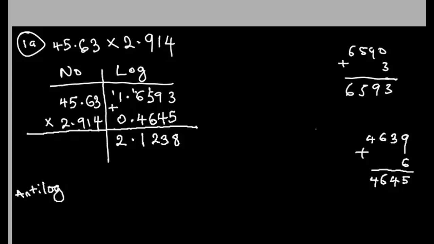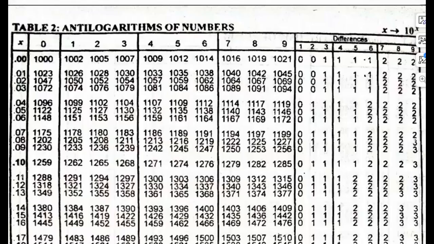So let's go to our antilog table and look for 0.12 under 3, difference 8. So at the antilog of numbers, let's look for 0.12 under 3 difference 8.